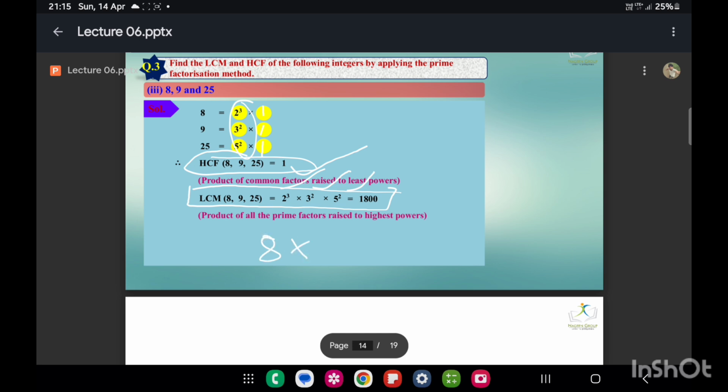Then 3 square is 3 threes are 9 and 5 square means 5 fives are 25. So we will get 1800. So by applying the prime factorization method here we can find the HCF and LCM.